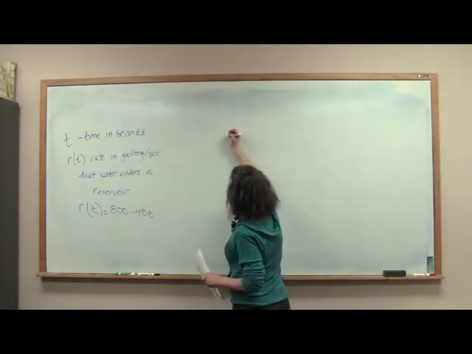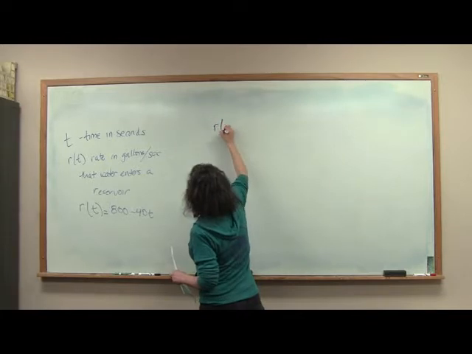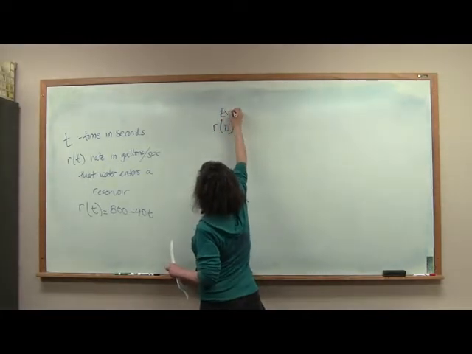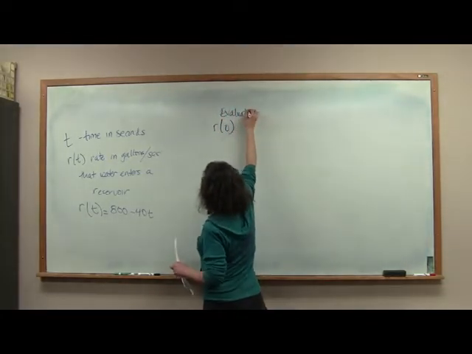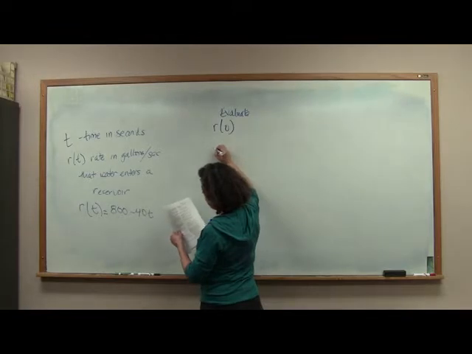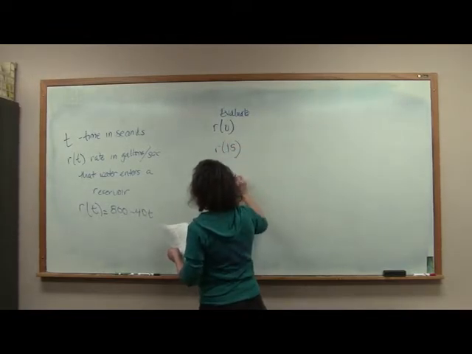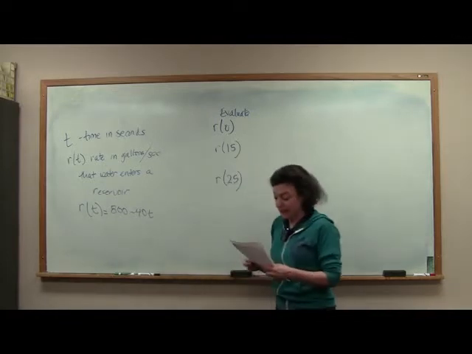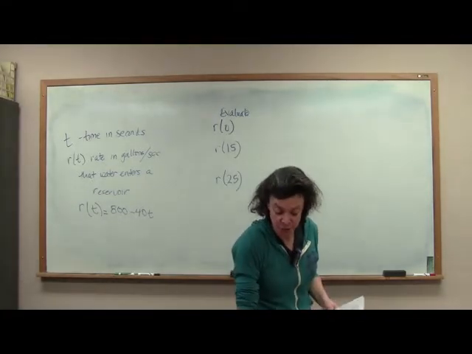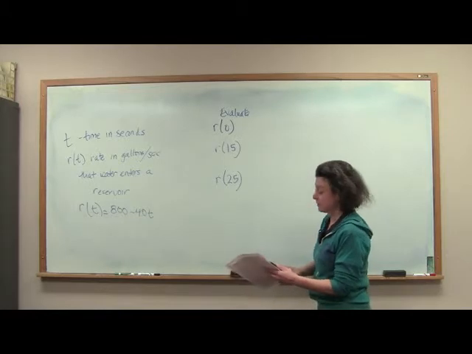So, what we want to do here is evaluate R of 0, R of 15, and R of 25. And we're also going to interpret what we get.